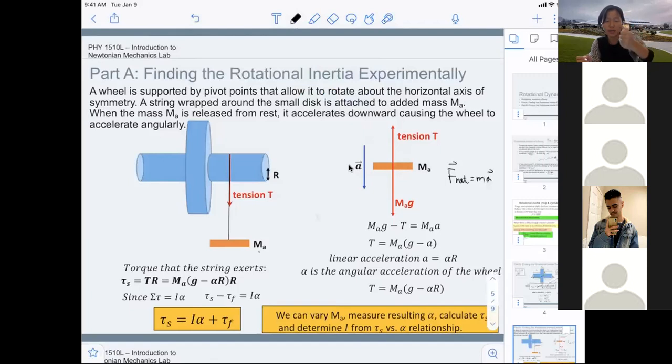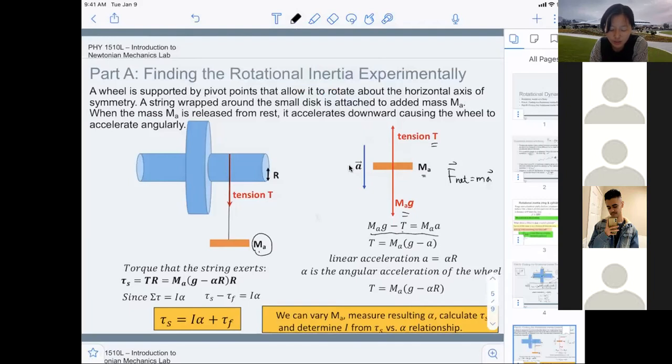You can see as the weight goes down, the string unravels and the wheel starts to rotate. If we apply Newton's second law on the weights you added, there are two forces, gravity and tension from the string, just those two forces.